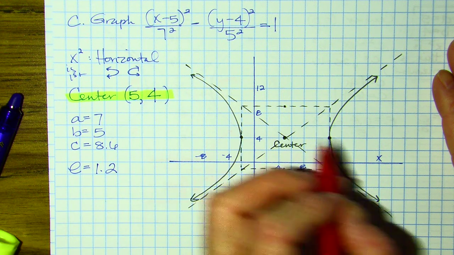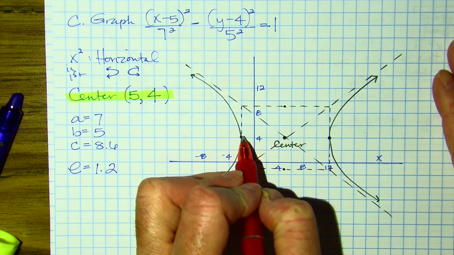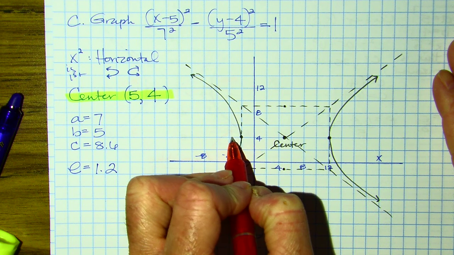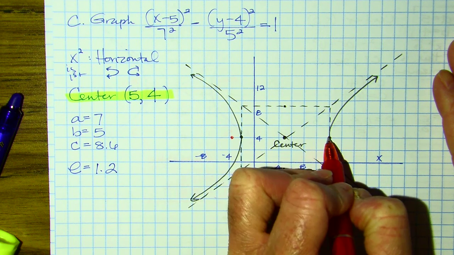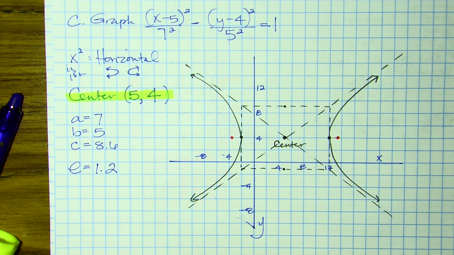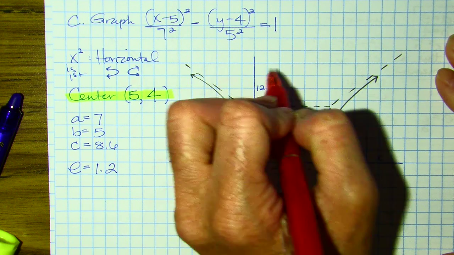My foci is at 8.6. So if this was 7, 8, 8.6, almost to 9 units away. And so there are my foci, my asymptotes.